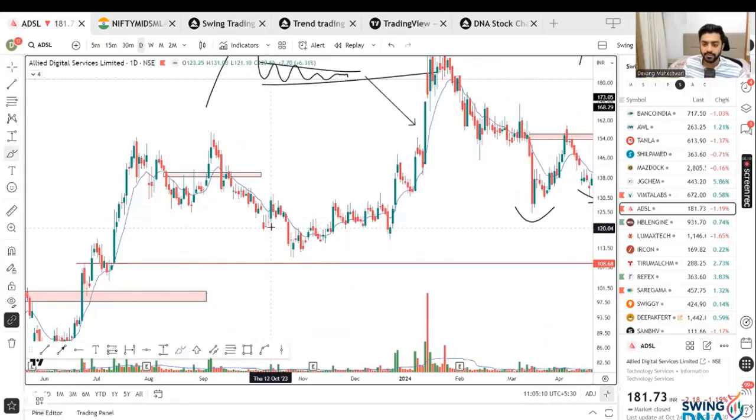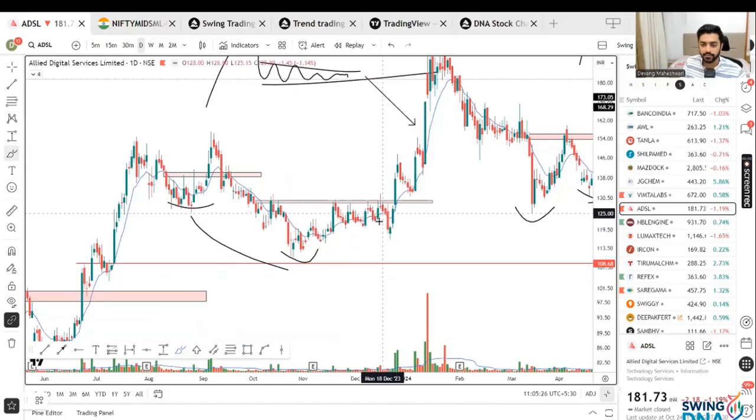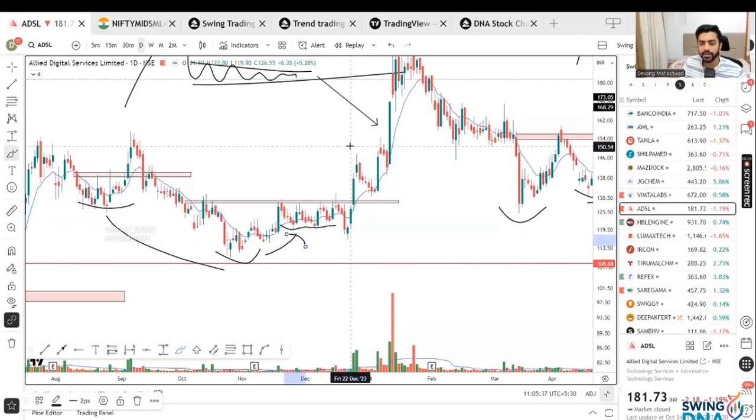Now look up here, this fall here, this is a lower low. Then here, as you are setting up this base, okay, you are seeing volatility contract up here. Now here it expanded instead. This was a good contraction happening, a good higher low that's in place. It just suddenly expanded and directly broke out.